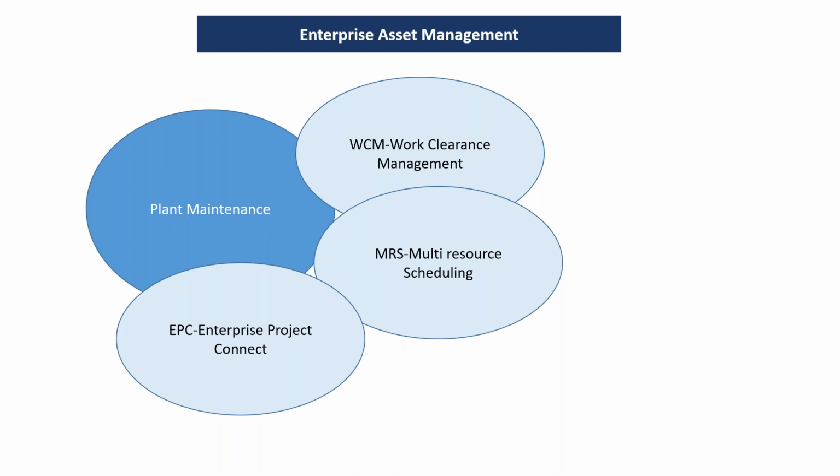Then the third one is EPC, Enterprise Project Connect. So this is the enterprise project connector or connection. This module we are using to integrate with Primavera or MSP. What happens if your project is very big? Let's say you are getting lots of maintenance orders daily, and you need to schedule and create all these maintenance orders through some interface.